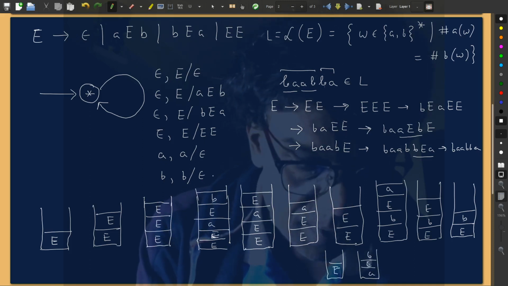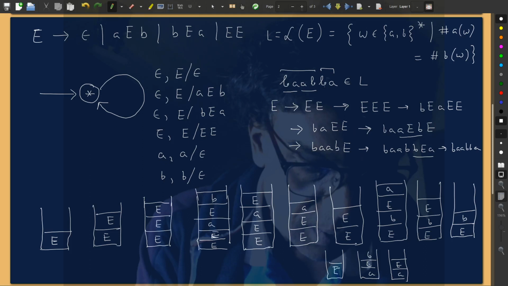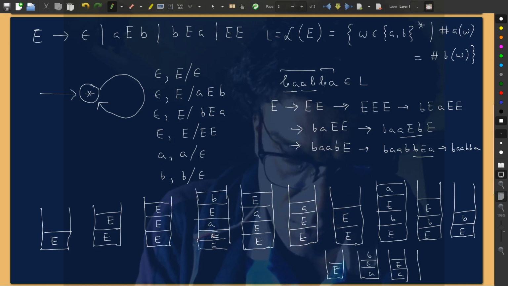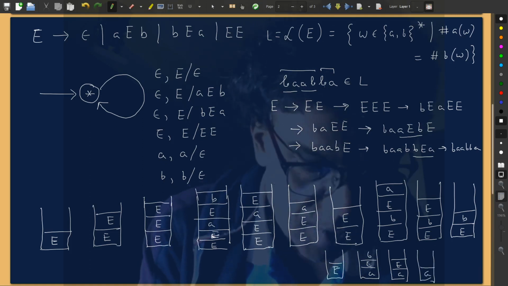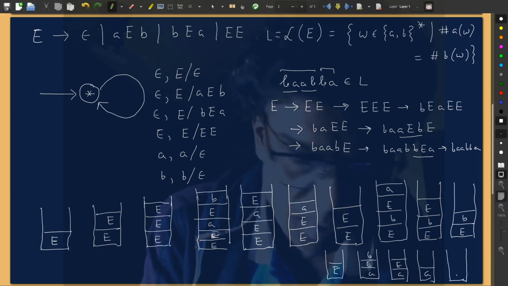Then I apply this transition to consume B from the input, then E can be empty. So I have this A. Finally I apply this, and this becomes empty stack.